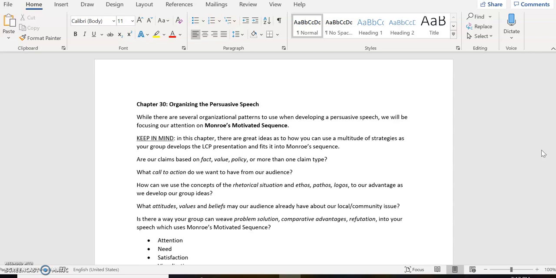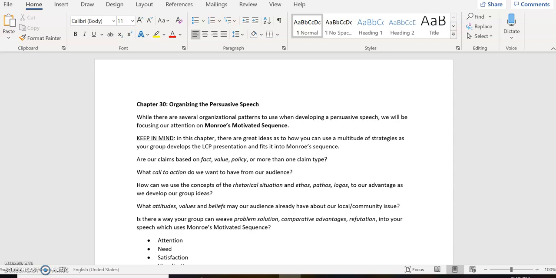So, are our claims based on fact, value, policy, or more than one claim type? Whenever you're making any claims in your essay, and by claims I mean making your arguments, trying to prove a point, usually you're going to be basing it on some kind of fact or on a value that you have.